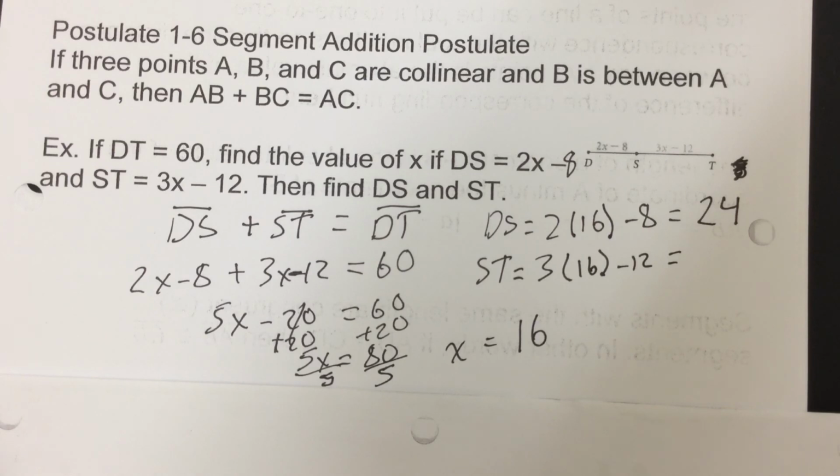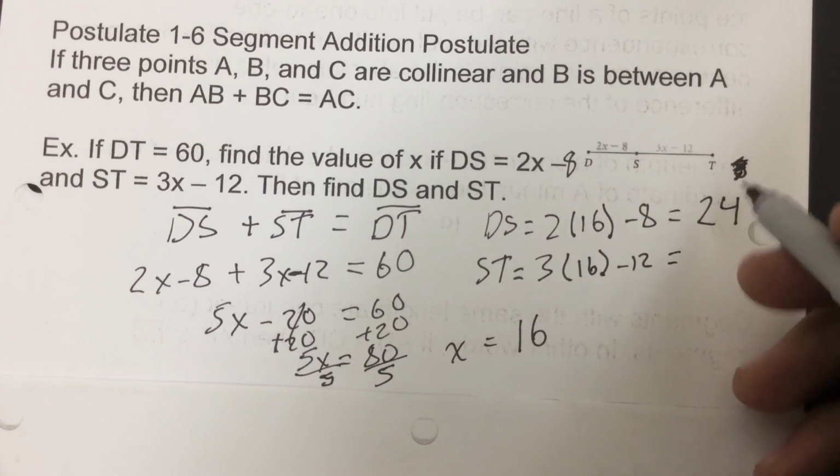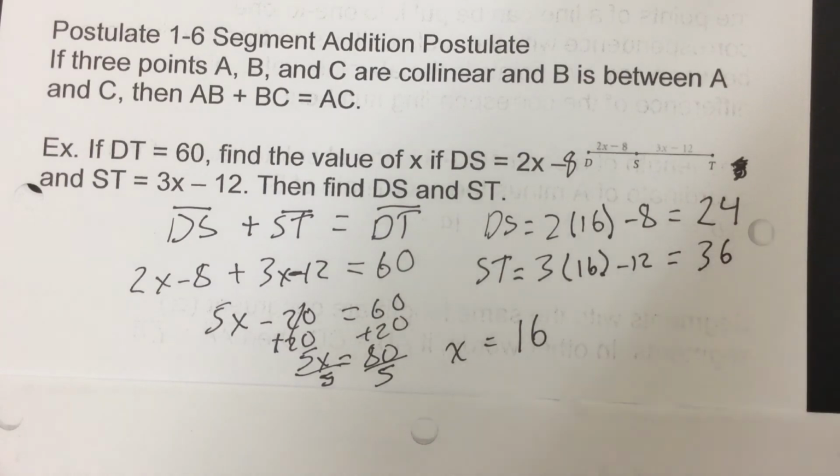Anybody got it? Close. 48. And 48 minus 12 is 36.